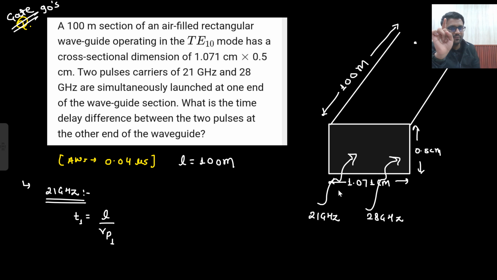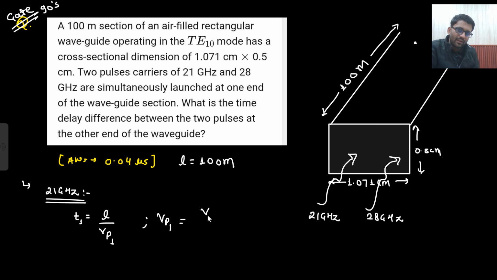So here, single wave, for 21 gig I will write phase velocity of 21 gig, and for 28 gig I will write phase velocity of 28 gig. The concept of group velocity is that a group of waves could be propagated. Otherwise, you will write the phase velocity only. So here I will write phase velocity only.